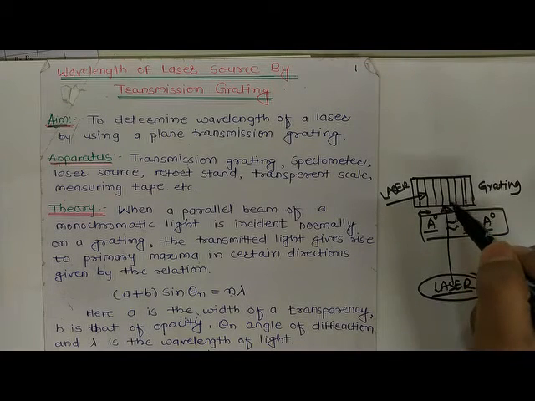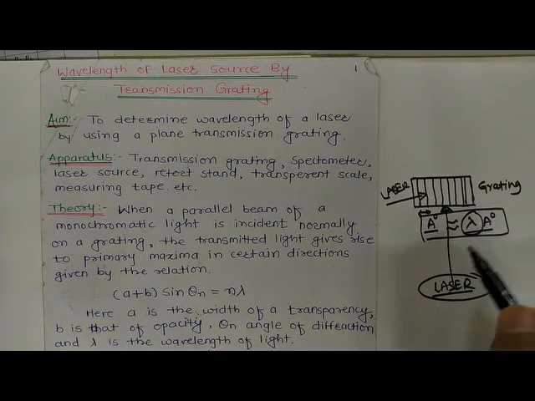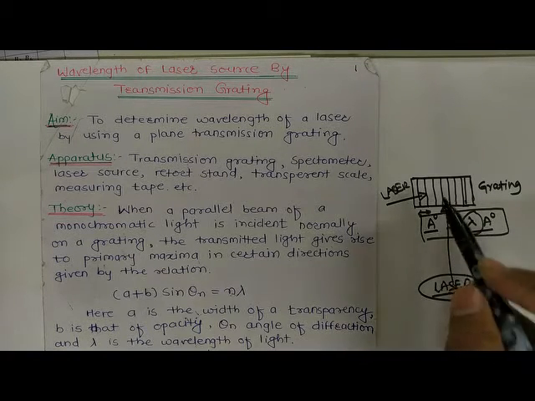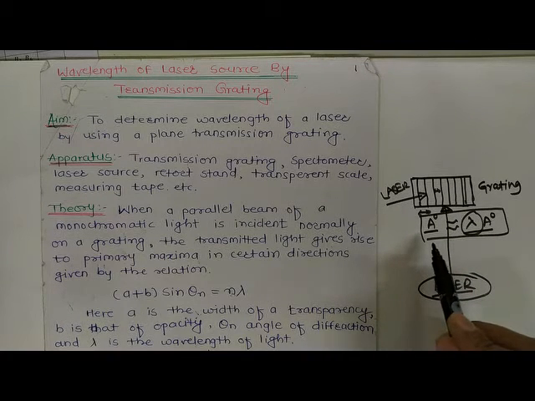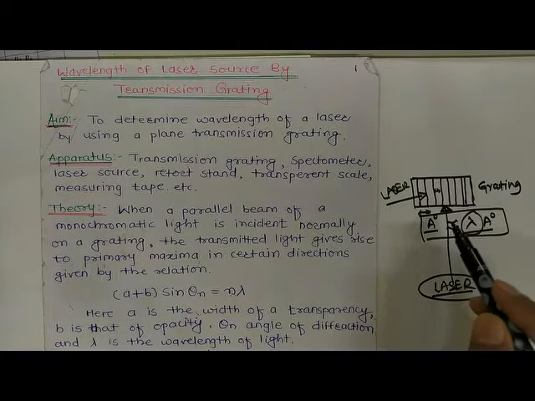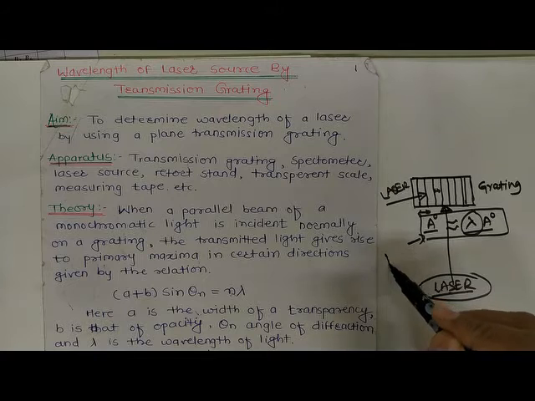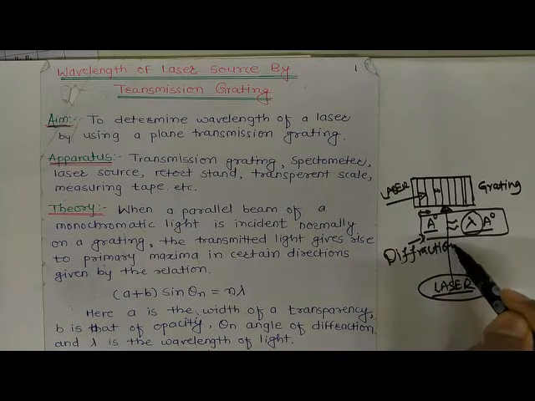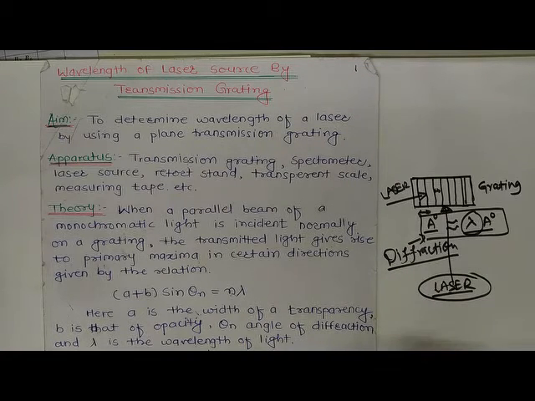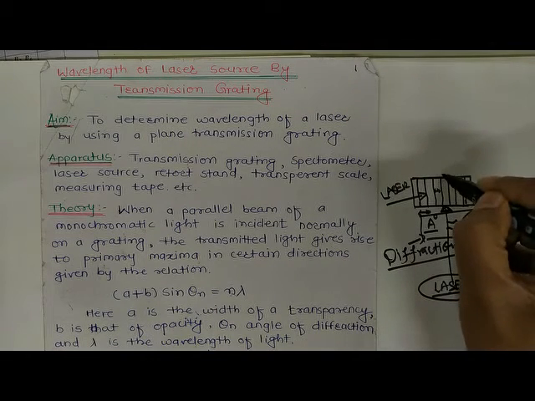When it falls on this grating, its wavelength is nearly in angstrom units, and the spacing between any two lines on the grating is also in the range of angstrom units. So these two things are comparable, and that is the condition required for diffraction to occur. So diffraction of light takes place here.